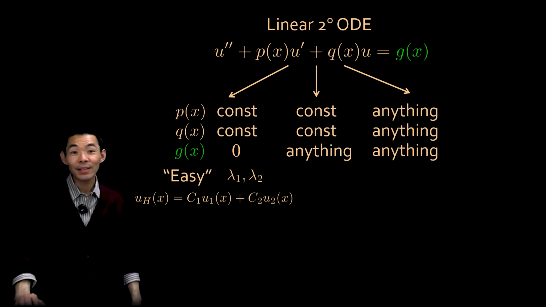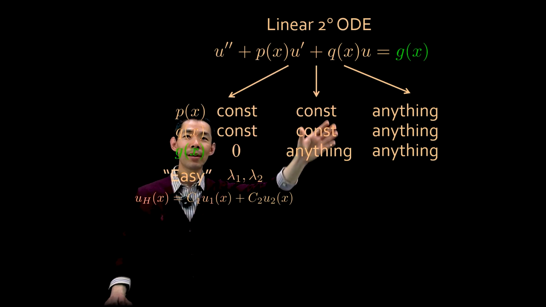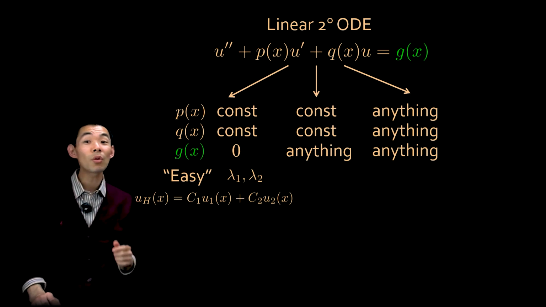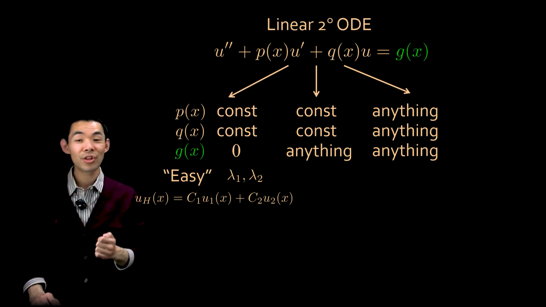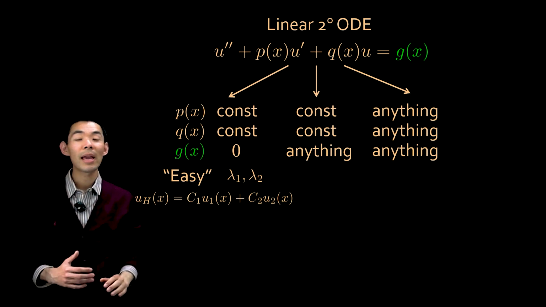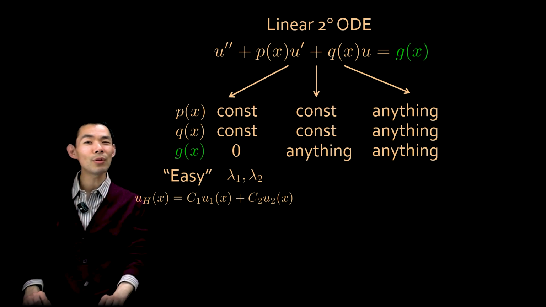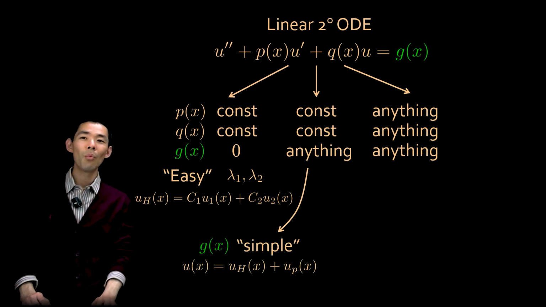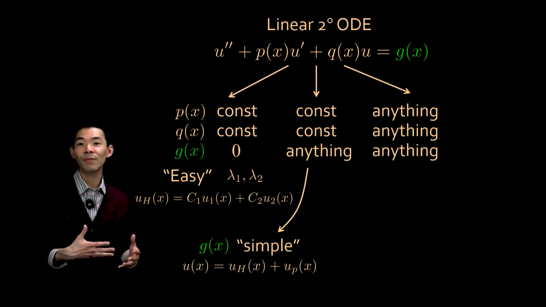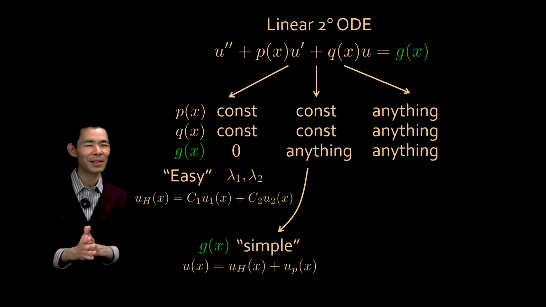Now, let's consider this second case, right down the middle, where p and q are still constants, but now g, this non-homogeneous right-hand side term, can be any function. And in particular, we broke it down into two separate categories. One is when I said g of x is, quote, simple. We'll let you know what I mean by simple.